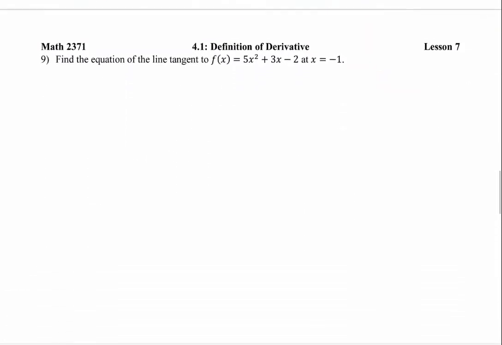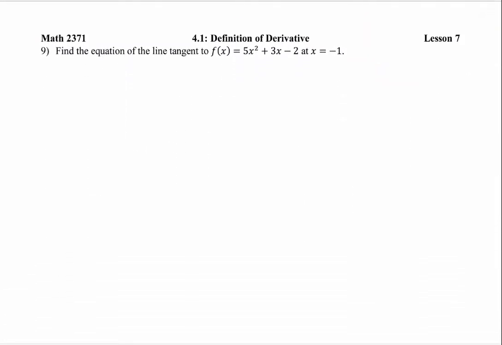Okay, now let's look at the equation of a tangent line. The first thing we need to do is find the point. Now you can do these in any order, but I'm going to try to keep them in the same order. So first let's find our point.